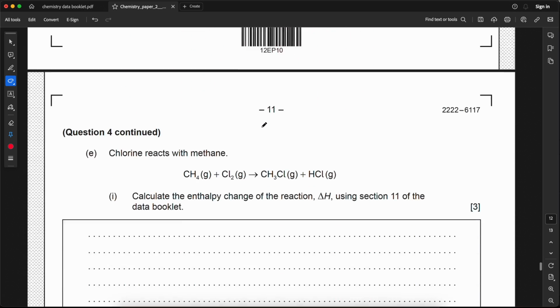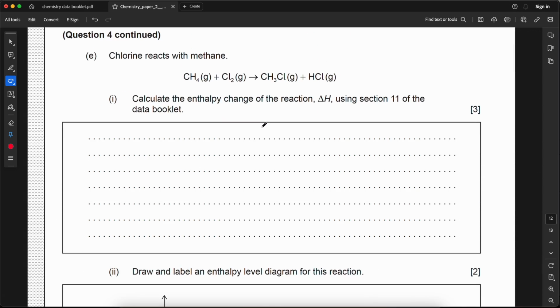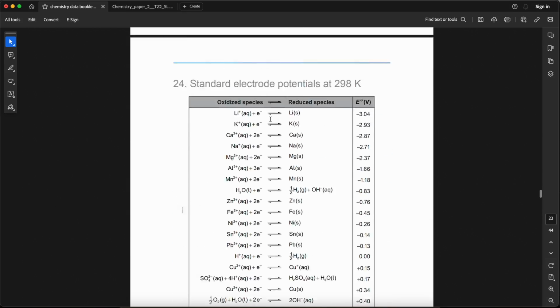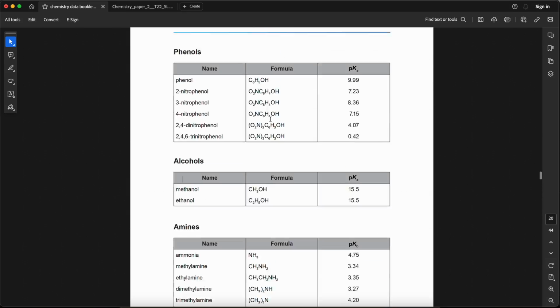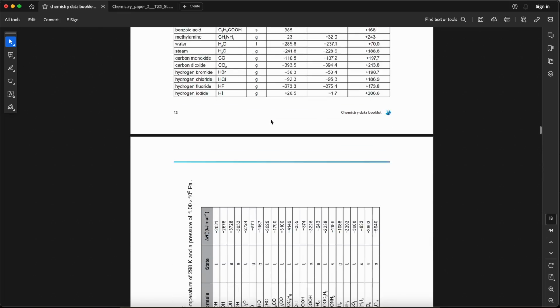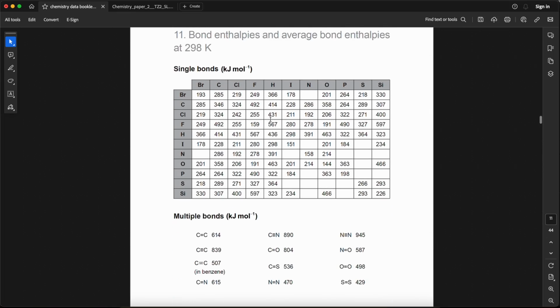All right. Chlorine reacts with methane. Calculate the enthalpy change of the reaction, delta H, using section 11 of the data booklet. Section 11 is the average bond enthalpy. Okay, this one.